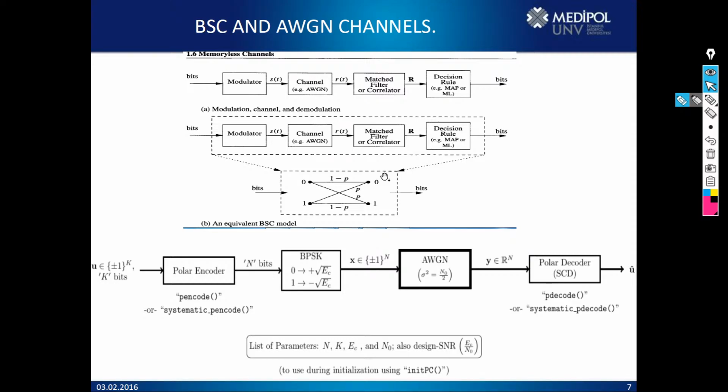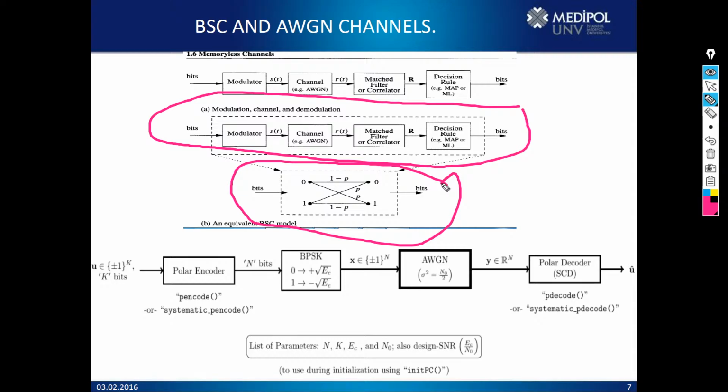The probability of sending 0 and receiving 1 is the error probability, we call it P, and the probability of receiving it correctly, which is the probability of receiving your bit successfully, we call it 1 minus P, and the same for 1.